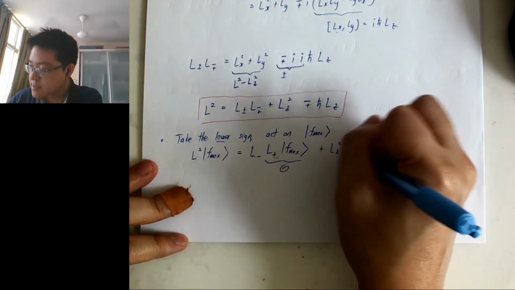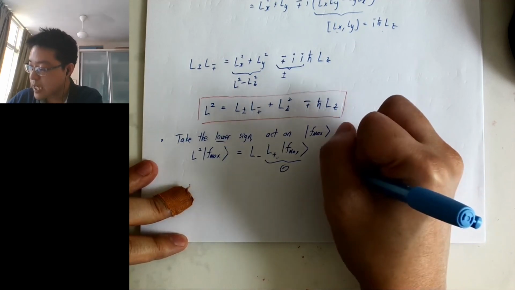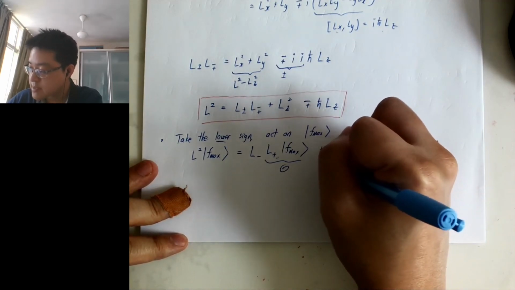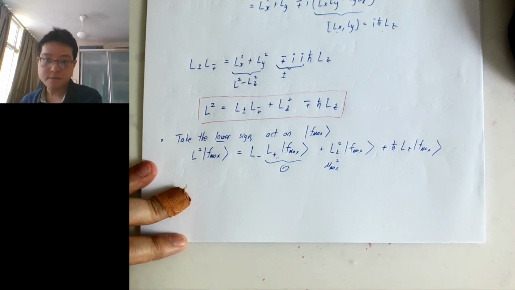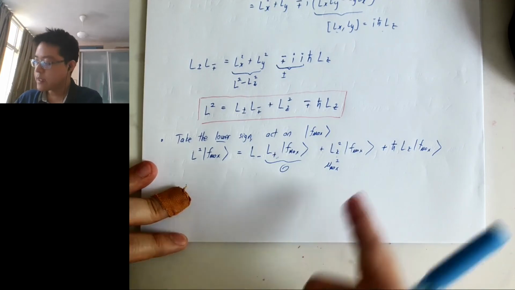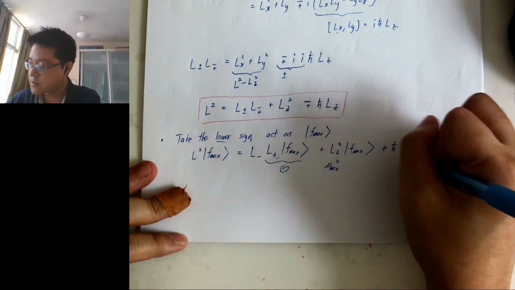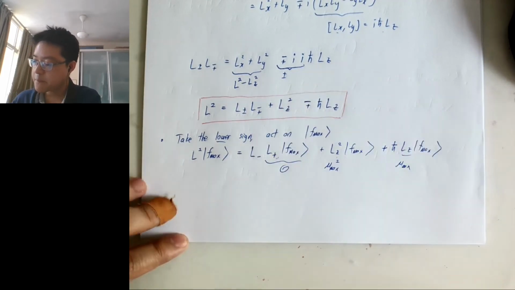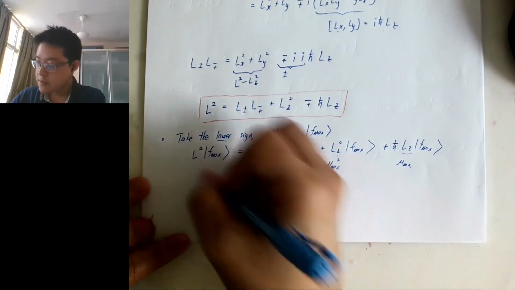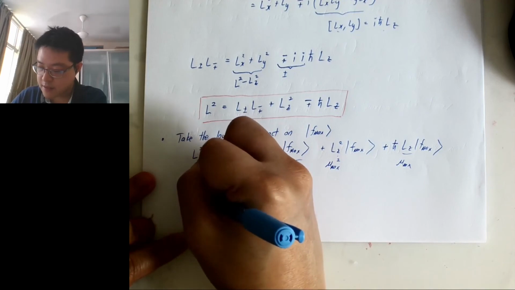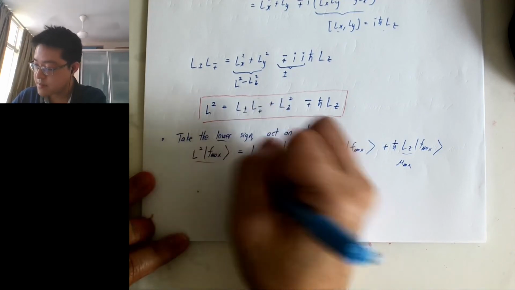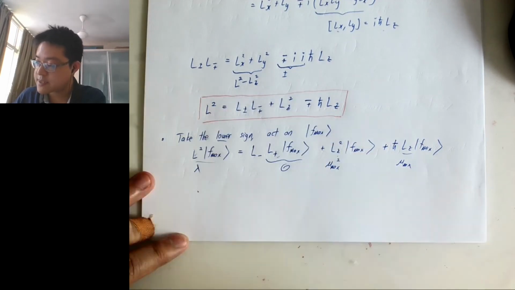This term acts on F max 2 times, so this becomes mu max square, right? And then this term acts on this one, so this becomes mu max 1 time. Okay, so what we have here is L square acting on F, so this gives me a lambda.